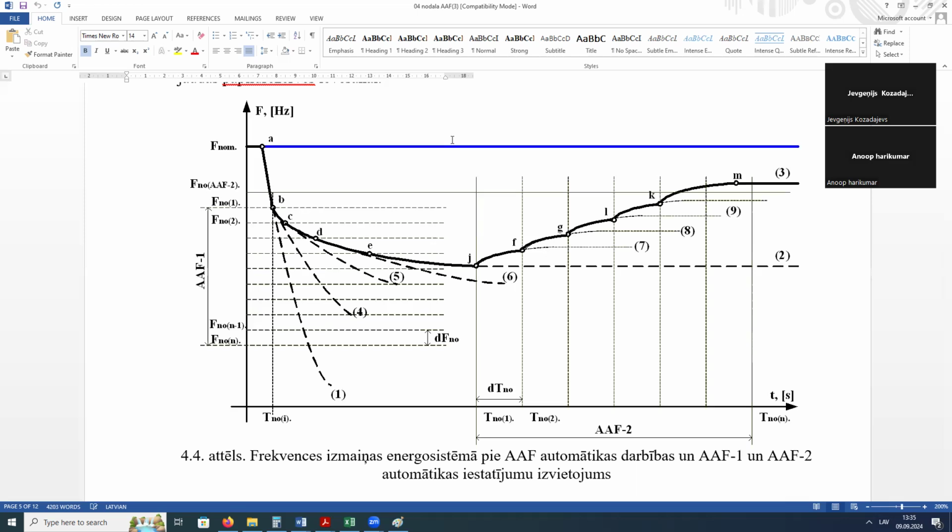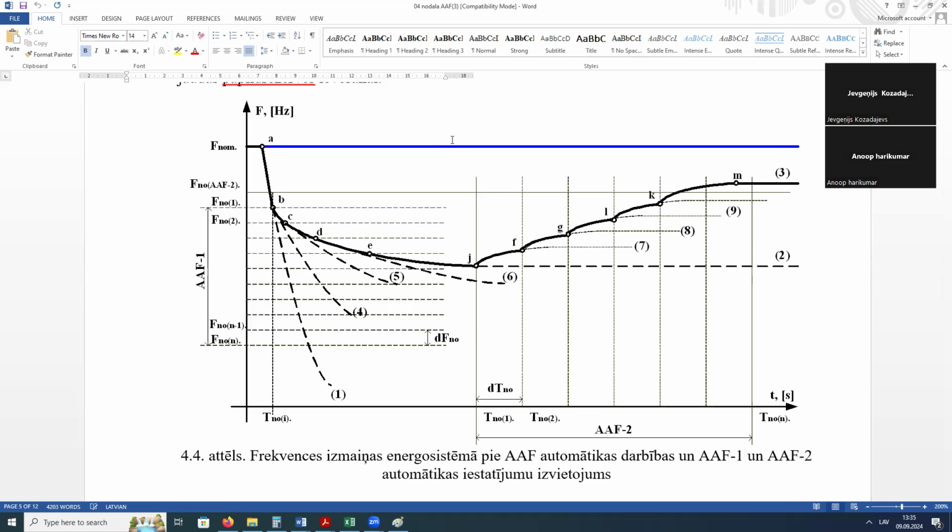First of all, two types of under-frequency automation were developed in the Soviet Union, and they still use such a system in Russia and post-Soviet countries. In Western countries, they don't have this separation into under-frequency automation 1 and under-frequency automation 2.